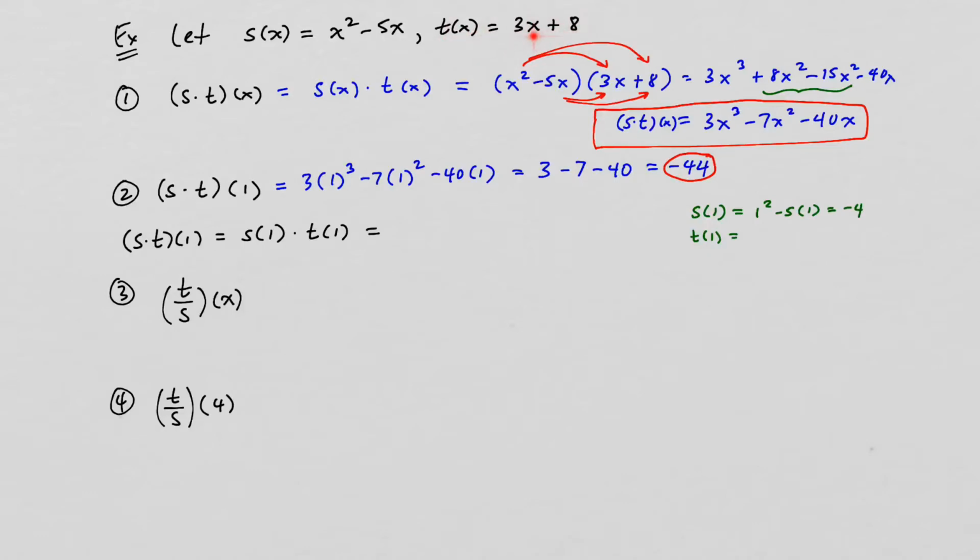If you plug in 1 here, you get 3 times 1 plus 8, and 3 times 1 plus 8 is 11. And so we now know that s of 1 is negative 4 and t of 1 is 11. So s of 1 times t of 1 is negative 4 times 11, which is negative 44.